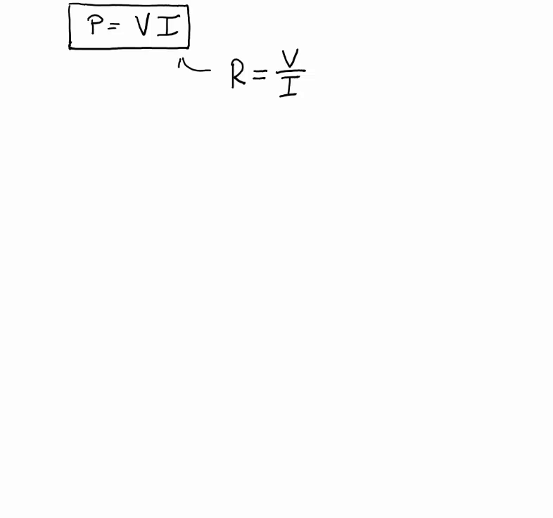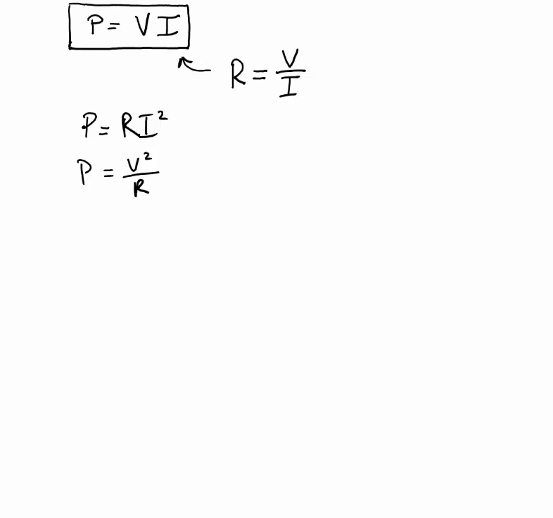And if we substitute that into there, we can find two other expressions for power, R I squared and V squared on R. And that's just simply by rearranging this expression here.